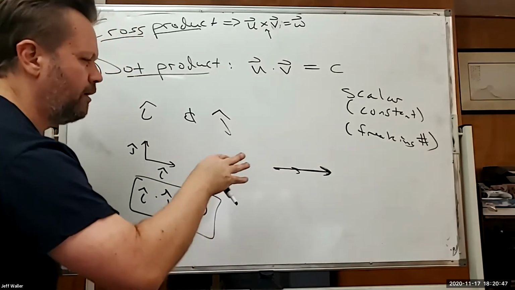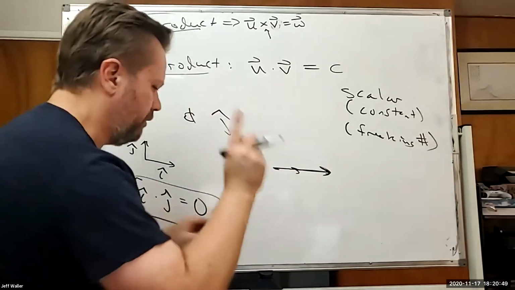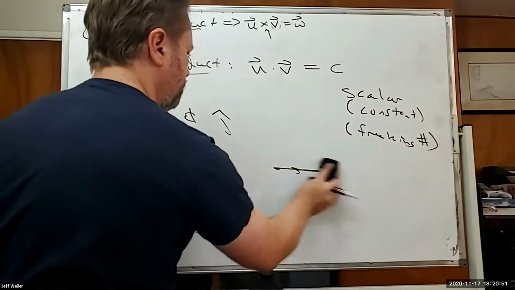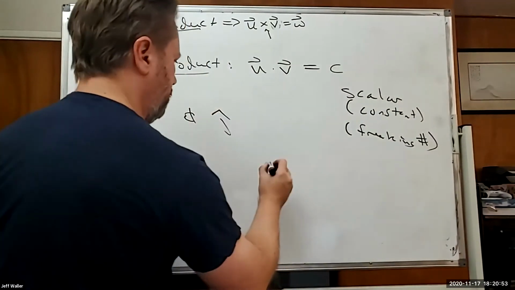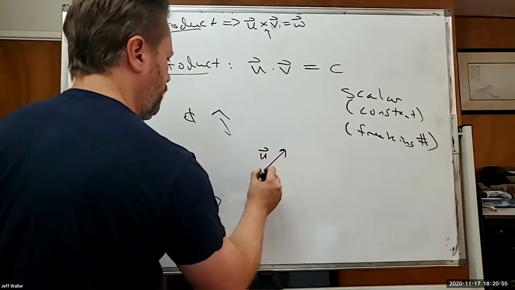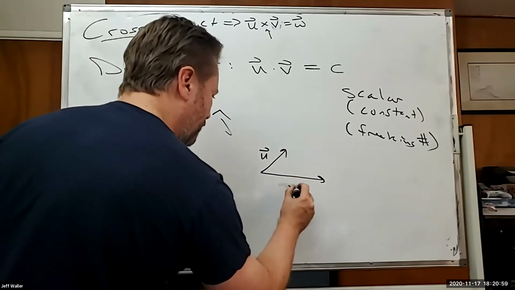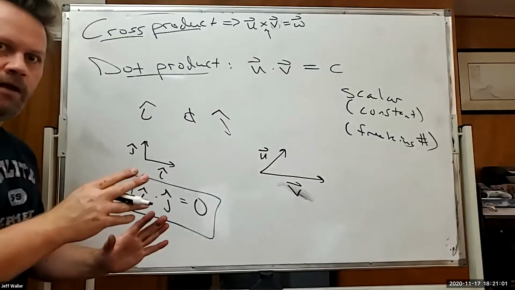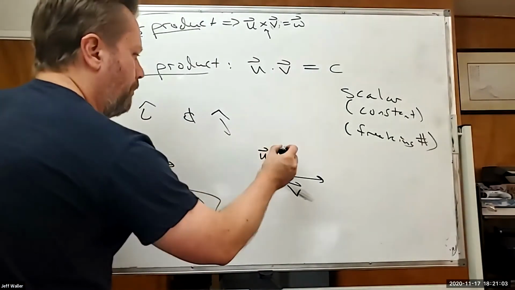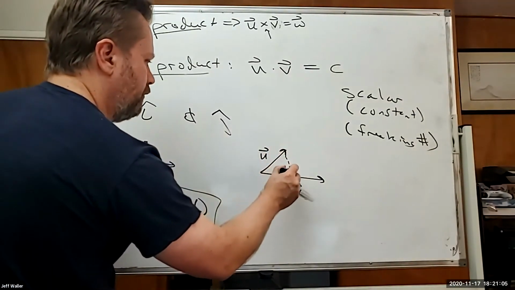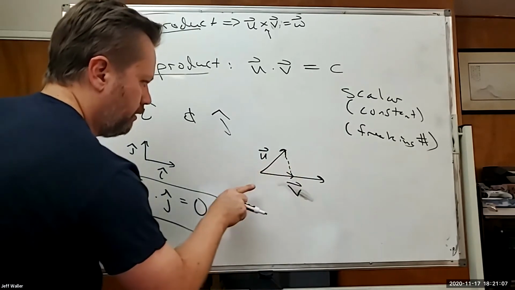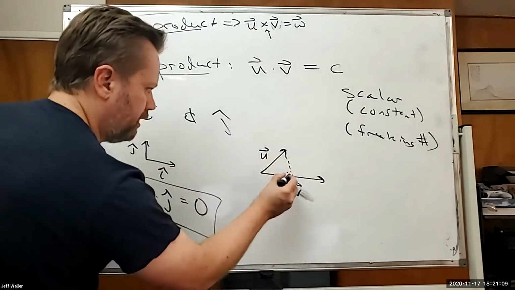That's what we can eventually use it for. If I have a vector U and a vector V, I can use the dot product to see how much of U lies along V. It would tell me what this is.